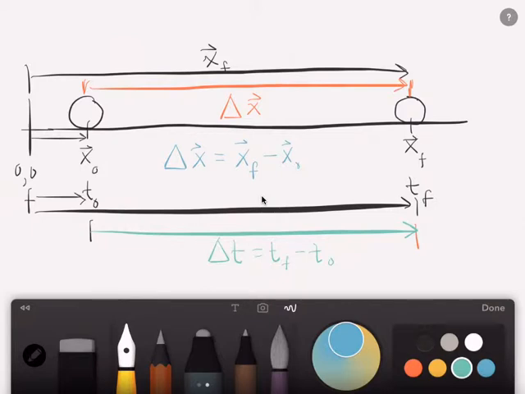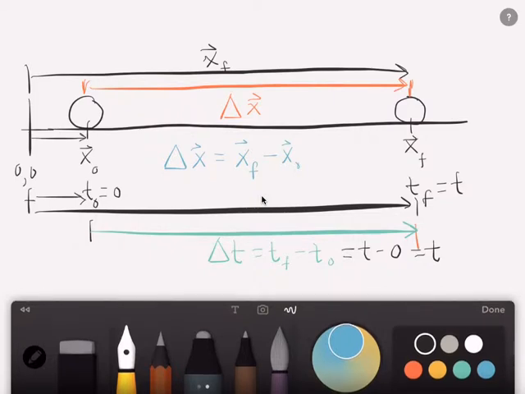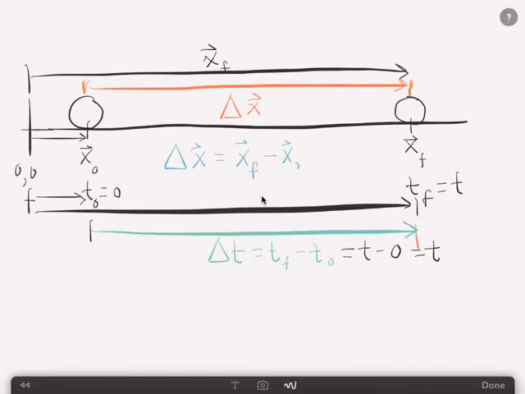But in our case, if we always say that the initial time is 0, let's just say we're using a stopwatch, and then our final time is t. Now we can write this equation as t minus 0, which is just t, thus resulting in our average velocity in the x direction equaling our final position minus our initial position divided by the time that it takes for this event to occur.